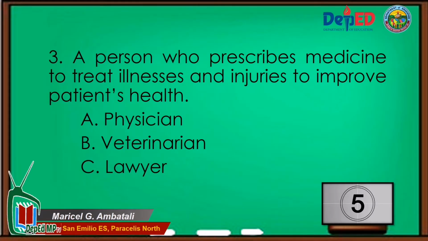Number 3. A person who prescribes medicine to treat illnesses and injuries to improve patients' health. Letter A, physician. Letter B, veterinarian. Letter C, lawyer. The correct answer is letter A, physician.